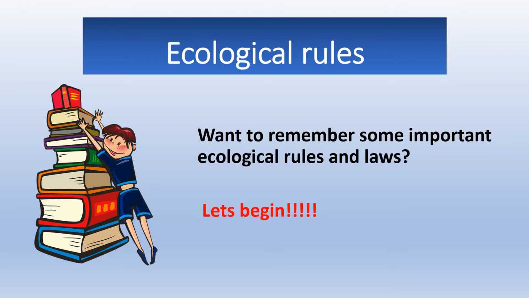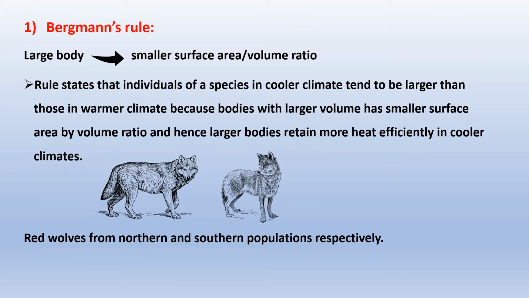So the first rule is Bergmann's rule. It is one of the important rules of ecology, and there are many extensions to this rule, which we'll be discussing in the further slides. The basic principle of this rule is a large body has smaller surface area and larger volume. Therefore, overall, a large body has a smaller surface area to volume ratio.